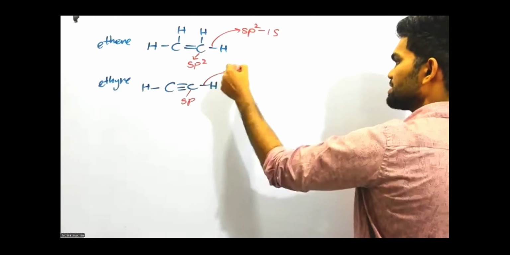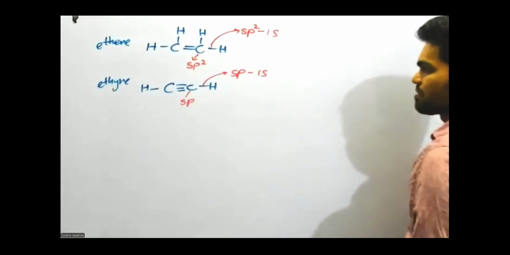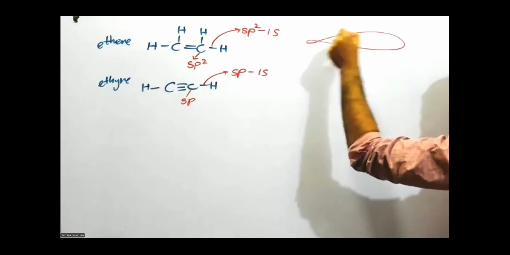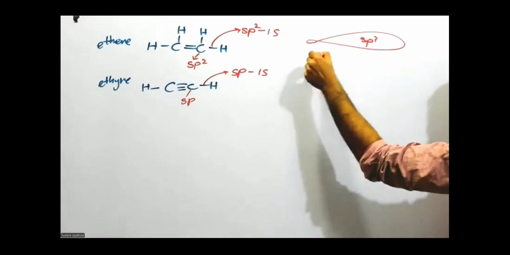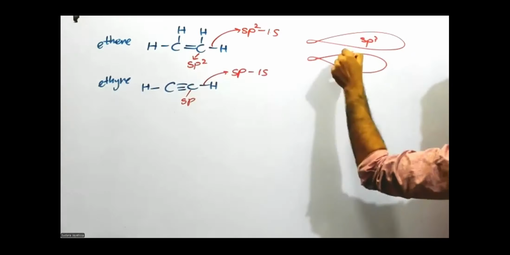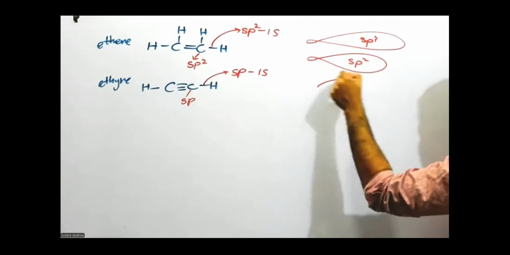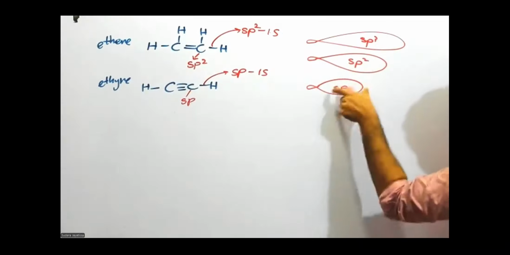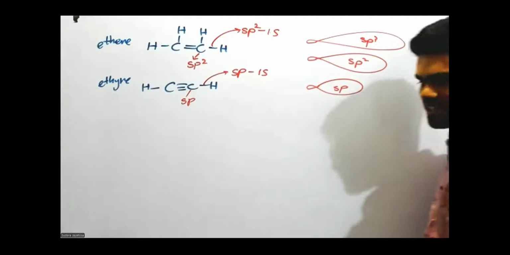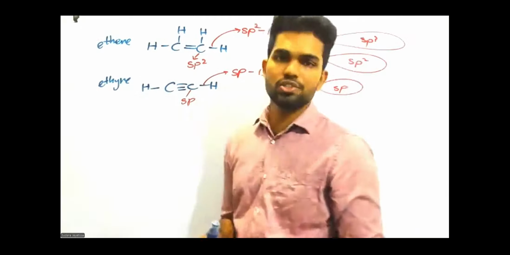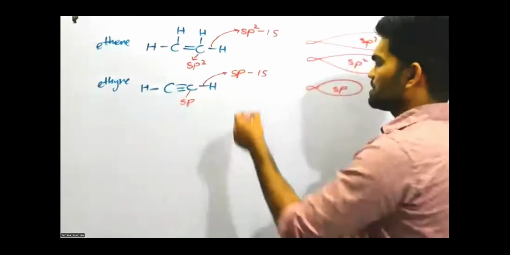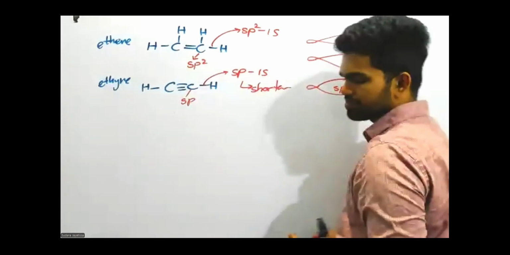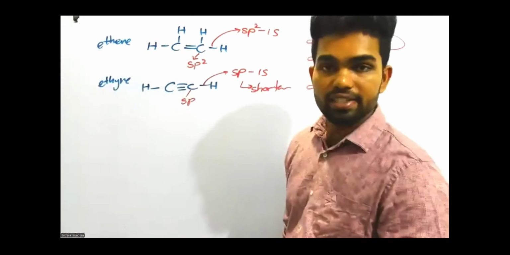Here you have sp and 1s overlap. So what you know is sp3 orbitals are longer and sp2 orbitals are shorter than that. And sp orbitals are even shorter than that. So when the orbital length decreases, the bond length also decreases. So this one is having the shorter bond length. Understood? That is the reason.